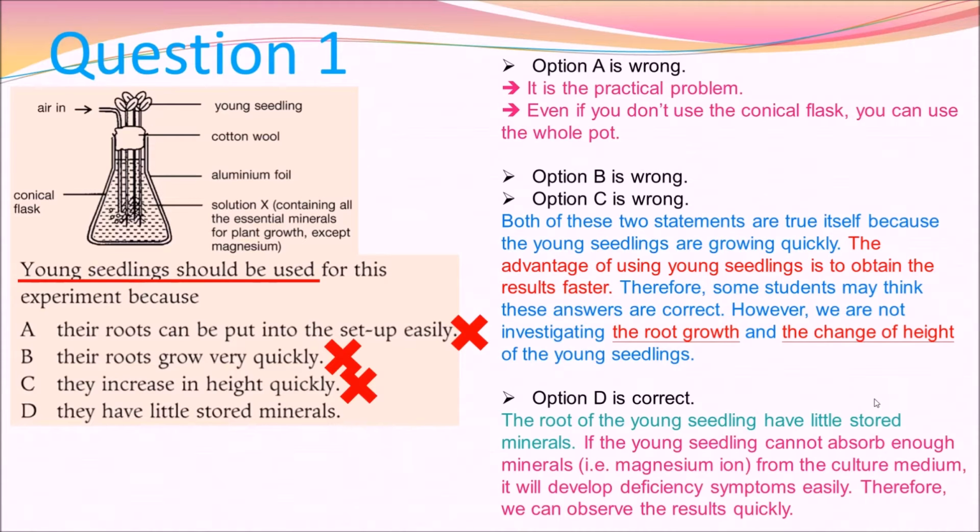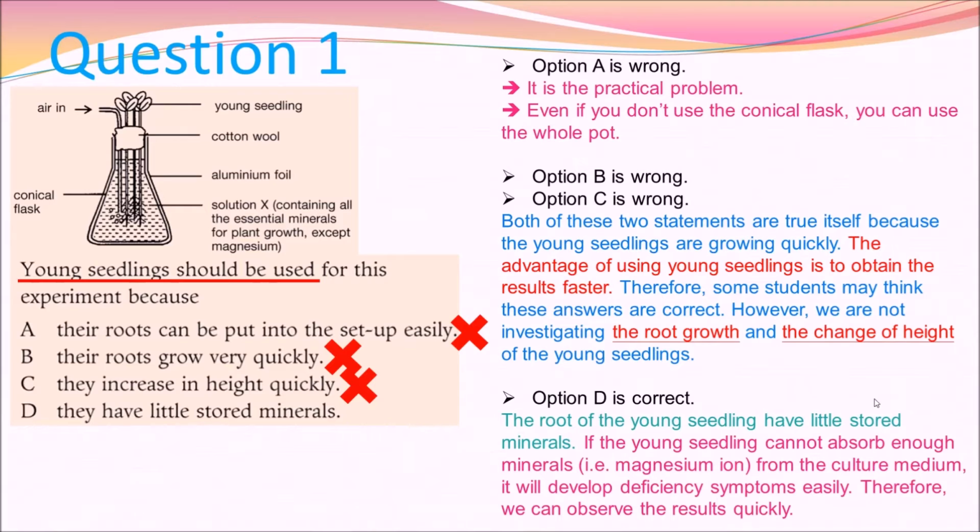For example, we want to know the importance of calcium for the mouse to grow. Why do we use the young mouse? Because they have little calcium storage. Imagine that the young mouse grow rapidly, agree? And then they do not have much calcium storage.